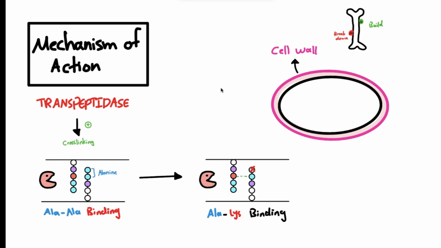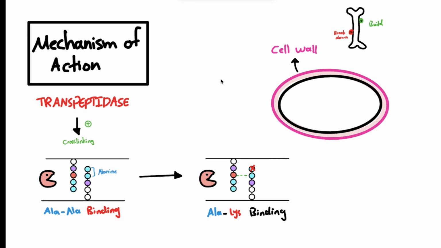So what is the mechanism of penicillin? How do we use it to kill bacteria? To understand this, we have to understand that the bacterial cell wall is actually a dynamic structure. It's constantly forming and breaking down specific molecules.